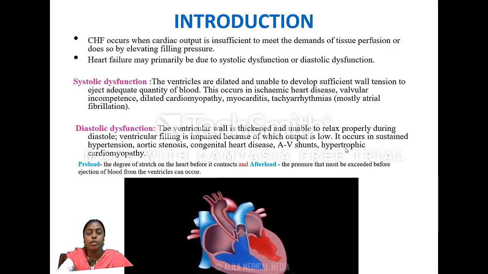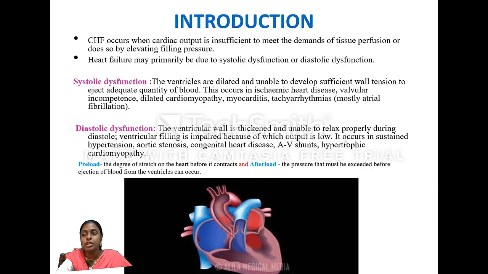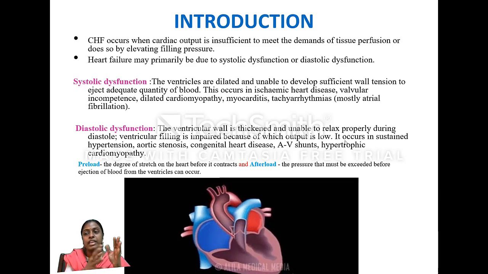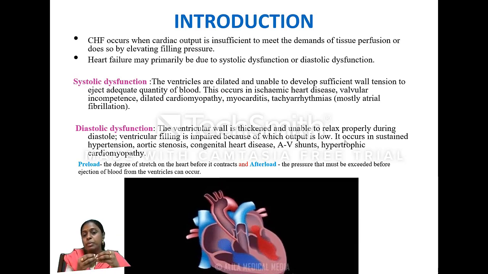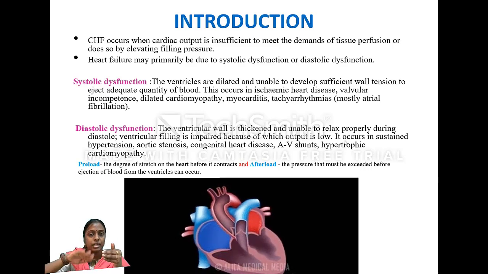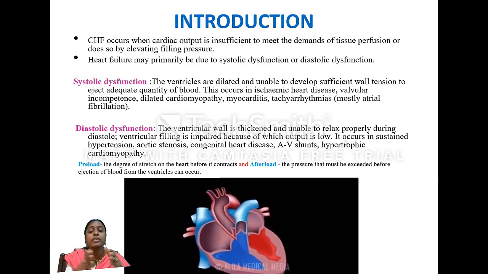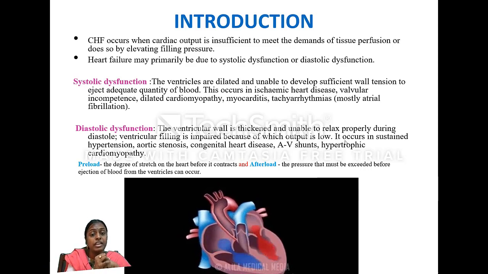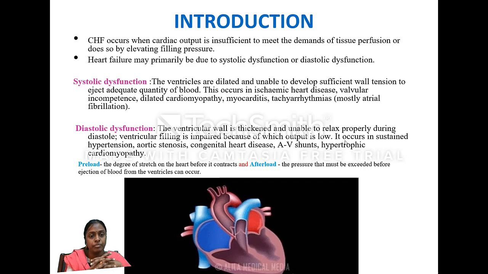hypertrophic cardiomyopathy. Hypertrophic cardiomyopathy is where half of the portion of the heart will get thickened, and there won't be sufficient blood supply to that area. For example, my right atrium and right ventricle will get enlarged and thickened.